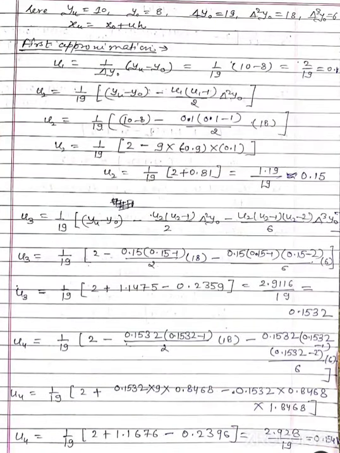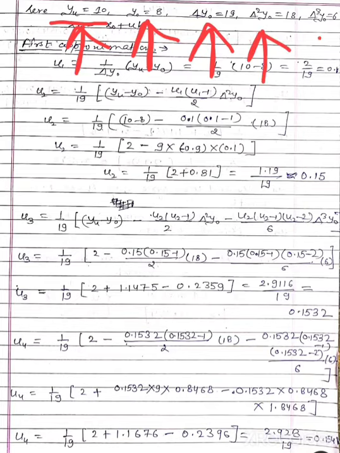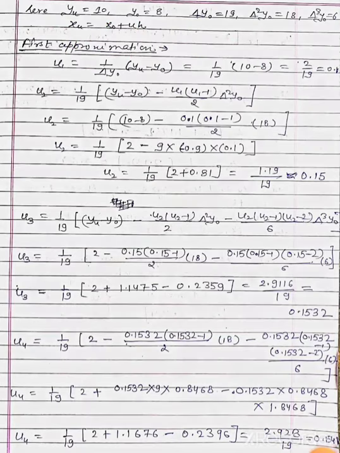So here we can see, by yu equals 10, we have to determine the value of x related to y equals 10. So yu equals 10, y0 equals 8, delta y0 equals 19, delta square y0 equals 18, and delta cube y0 equals 6.